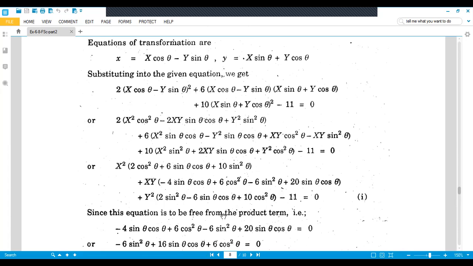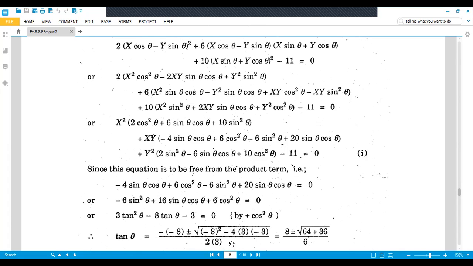Since the equation is to be free from the product term, the xy coefficient must be zero. So minus 4 sine theta cos theta plus 6 cos square theta minus 6 sine square theta plus 20 sine theta cos theta, and this will be minus 6 sine square theta plus 16 sine theta cos theta plus 6 cos square theta.